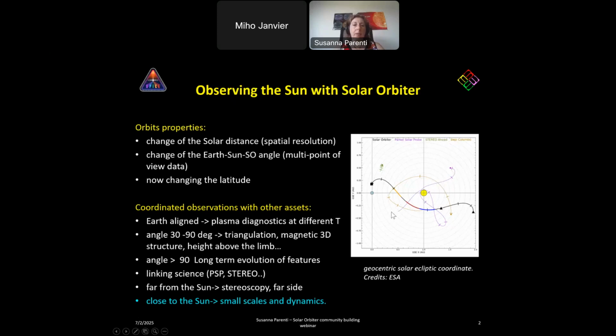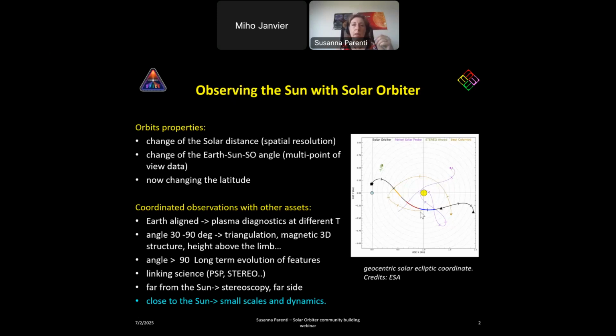Something really particular about this mission's orbit is that there is a change of the solar distance over time, which means a change of the resolution. There is also a change in the Earth-Sun-Solar Orbiter angle, so you can do multi-point of view observations.